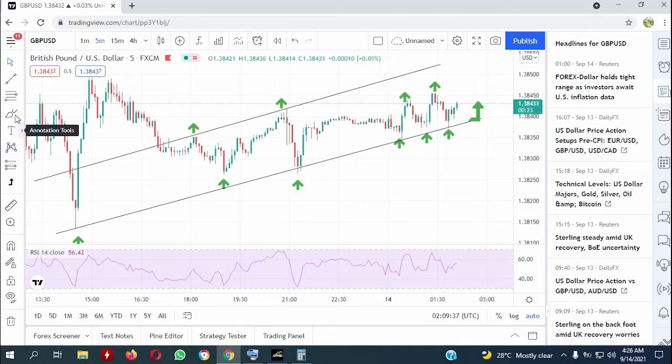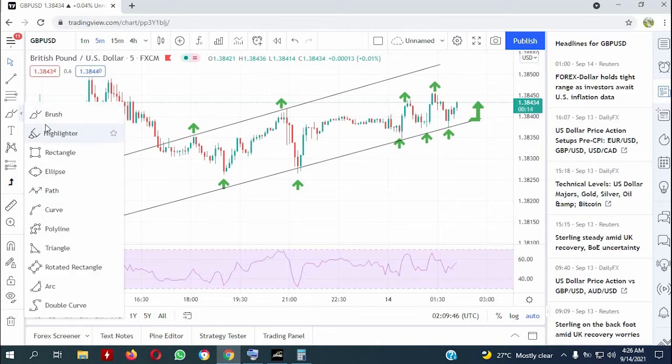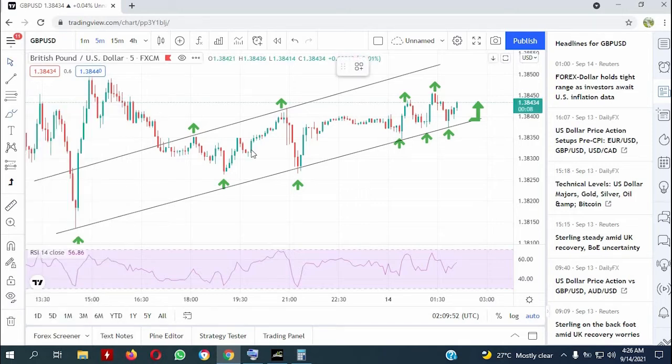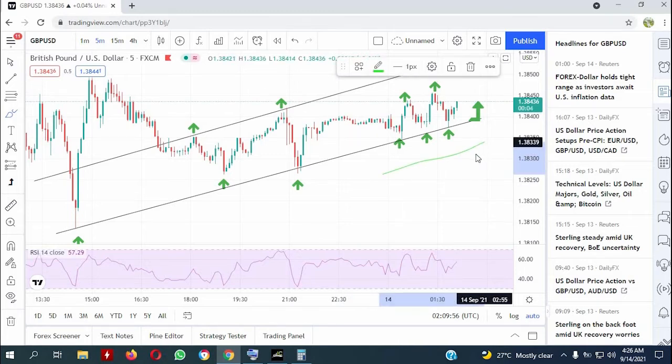So the market is expected to push further up and take out the last higher high because it's creating higher highs and higher lows. So in trend trading, once the market is respecting the trend, it is expected to push further up and take out the last higher high.